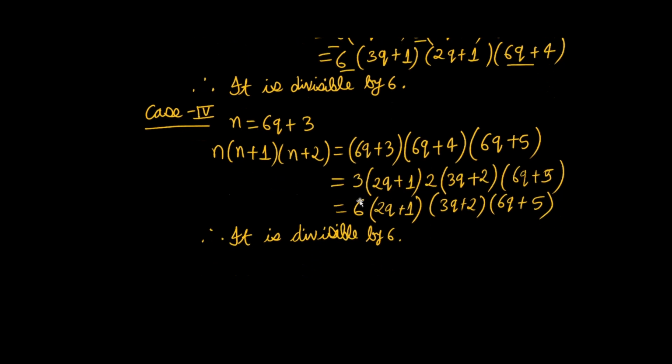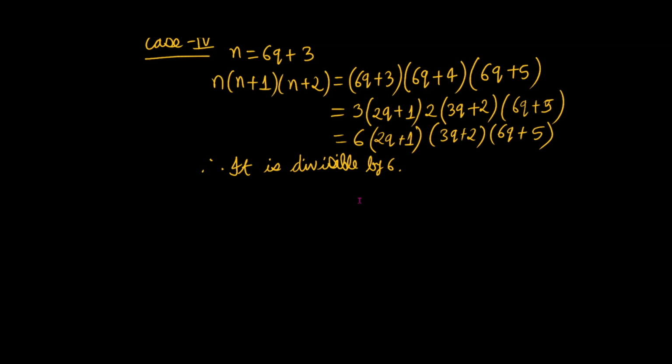We have many more methods for this question, but I am doing the easiest method. So case 5. n is equal to 6q plus 4. n into n plus 1 into n plus 2.